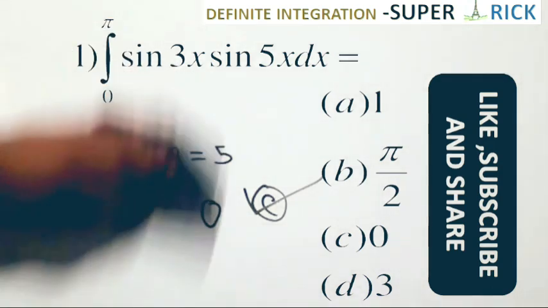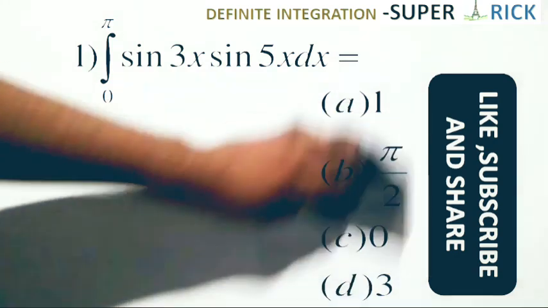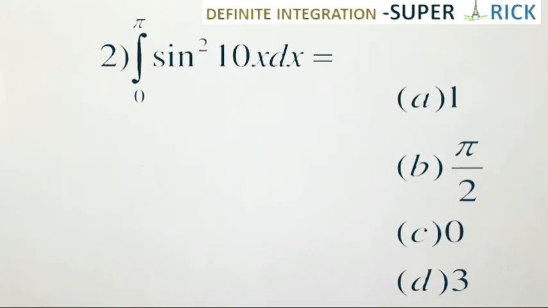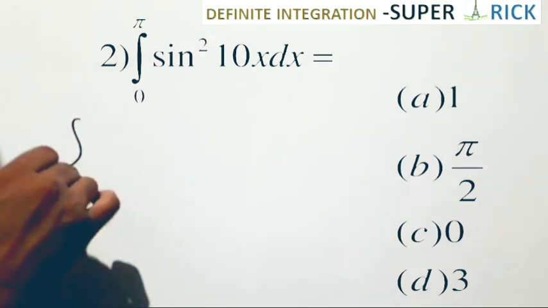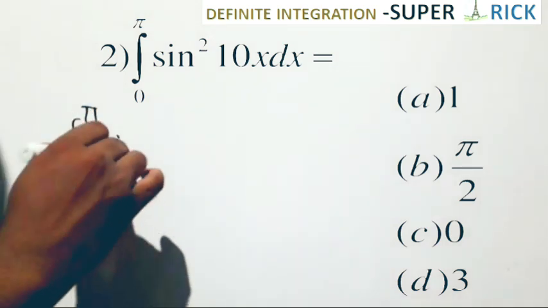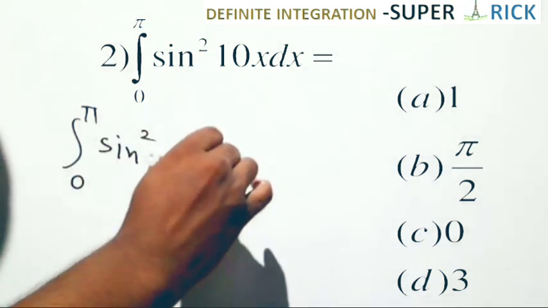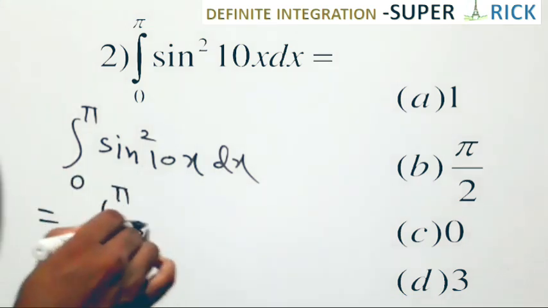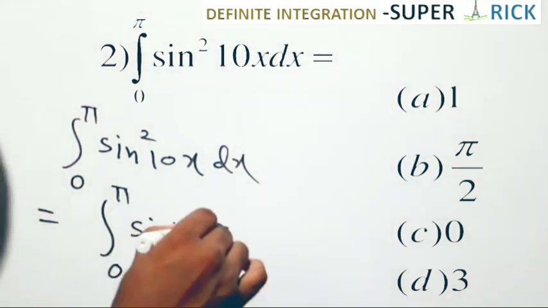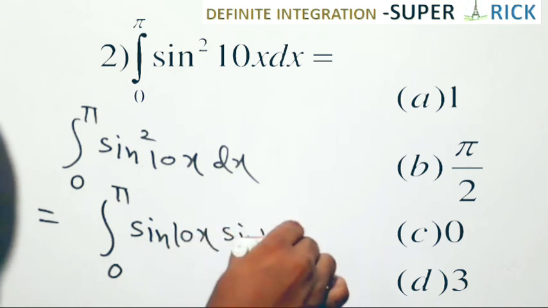Now going to the next question. Here it is, the integration from 0 to pi of sin square 10x dx. What will be the value of this integration? We can write the integration from 0 to pi of sin square 10x dx as the integration from 0 to pi of sin 10x into sin 10x dx.